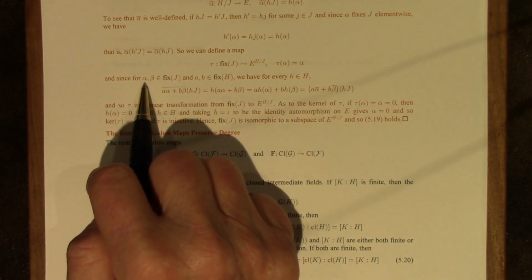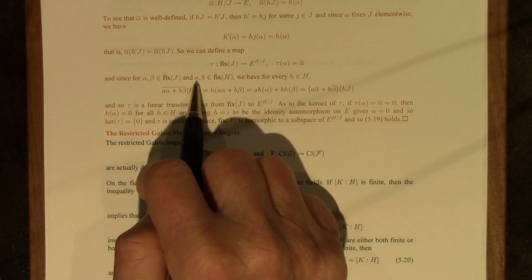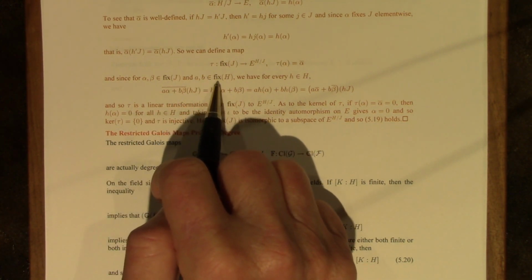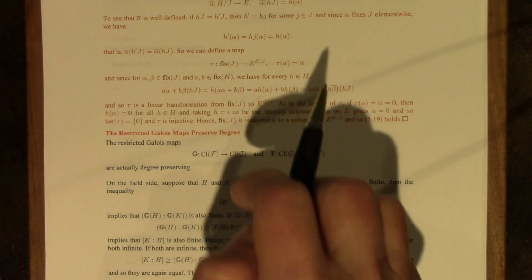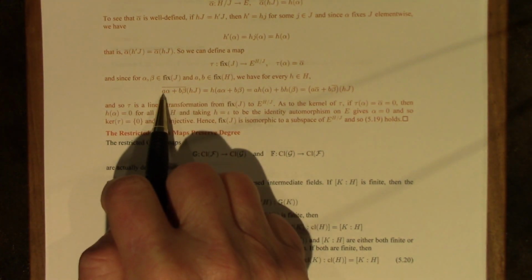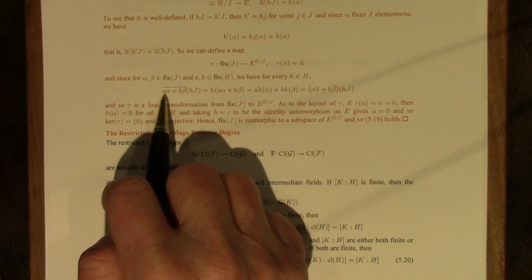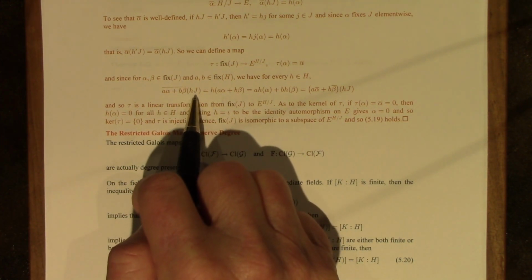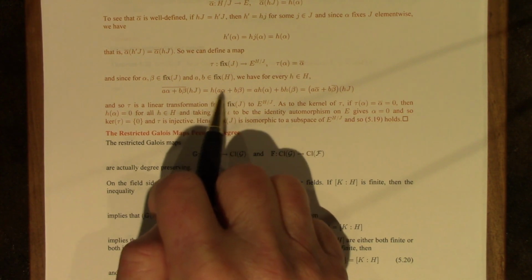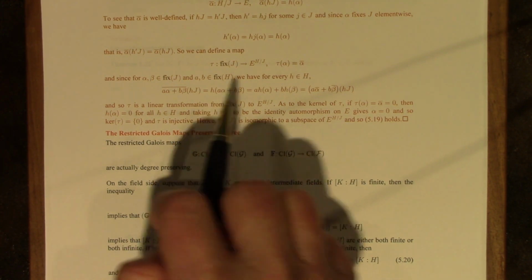If we have two vectors in fixed J and two scalars in fixed H, then for every little h in capital H, tau of A alpha plus B beta, applied to a coset, is evaluation at A alpha plus B beta.